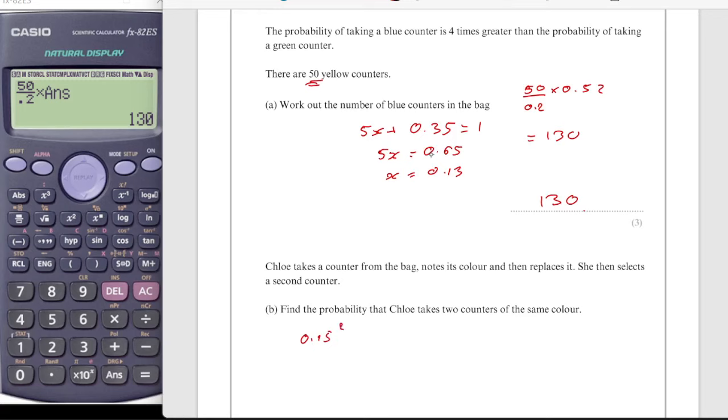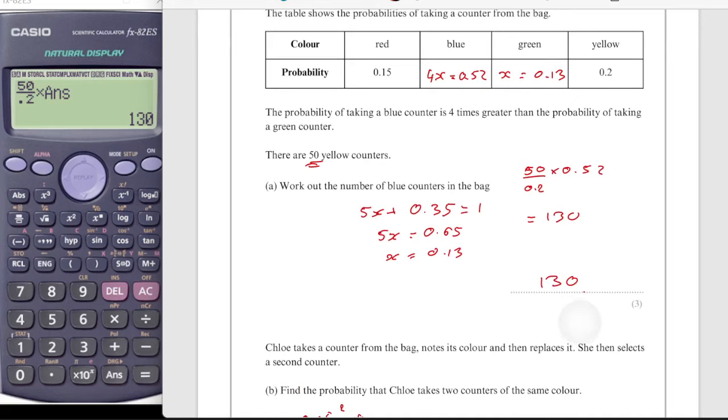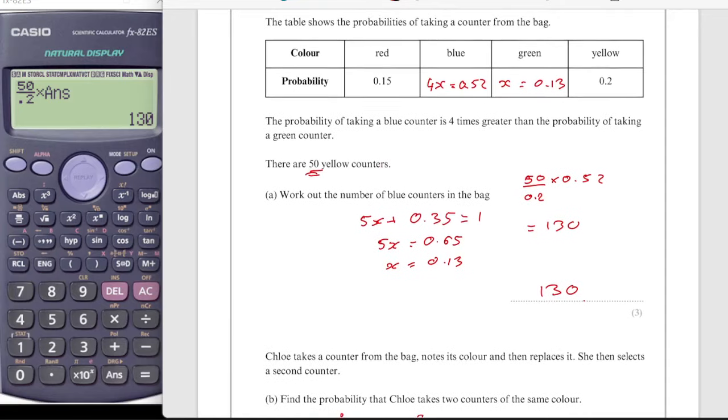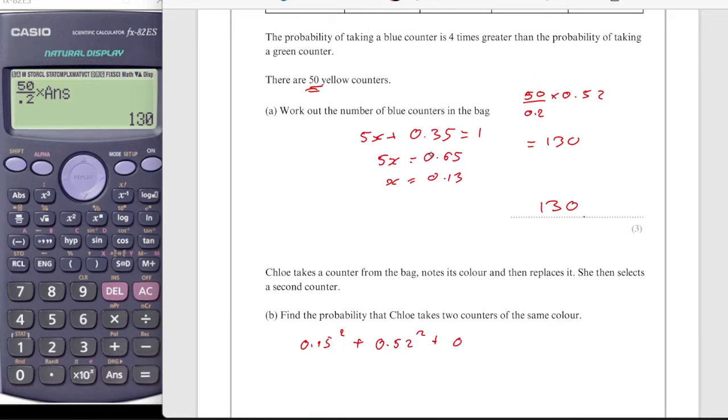So I'm going to want to do 0.15 squared plus 0.52 squared plus 0.13 squared plus 0.2 squared.